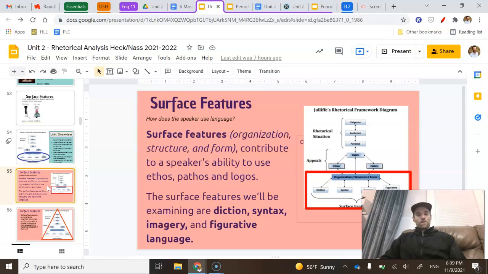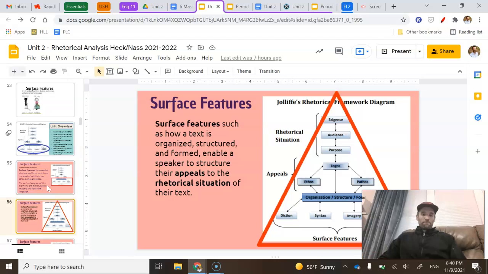take a few notes here as we work through surface features. Surface features are how the speaker or writer uses language, organization, structure, form, and they help the speaker or author use their appeal. Ethos, pathos, logos, everything works together. And I've already talked about the different ones we'll be looking at.